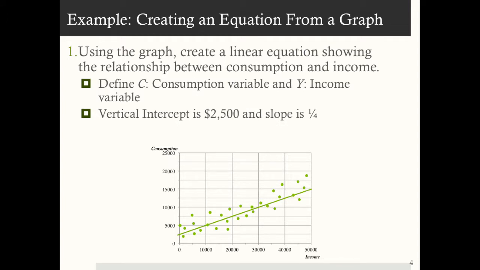Looking at the graph, I see that the vertical intercept is about $2,500 and the slope is 1/4 or 0.25. You can verify that the slope is 1/4 by choosing any two ordered pairs on the line. I plug these values into my y equals mx plus b equation, and I get that consumption, according to this line, is equal to 2,500 plus 1/4 Y.